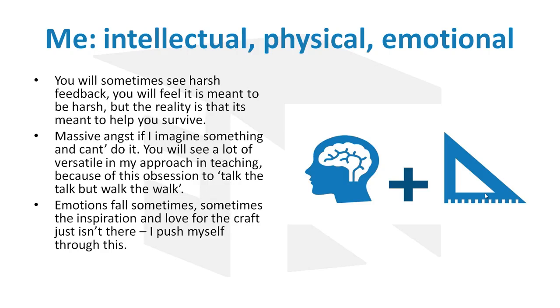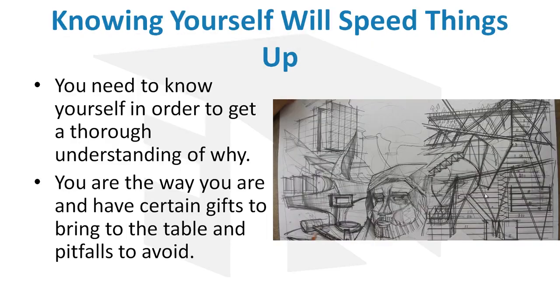But then sometimes I might be a bit harsh in my criticism or feedback, or come across as harsh, although it's not intentional. The emotions fall sometimes, but this is something I feel on the inside, and I usually push myself through it and get back on track. Right, next, so obviously knowing this stuff is going to speed things up for you, right?